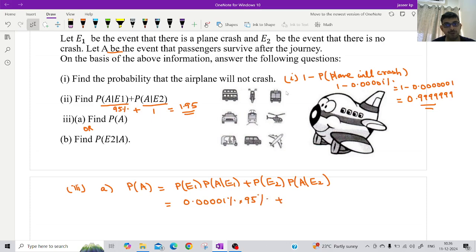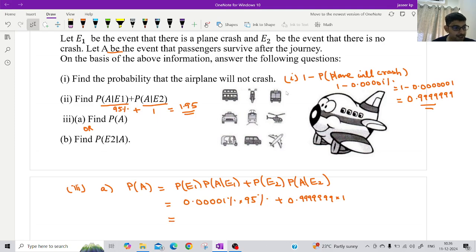P of E2, that is there is no plane crash, 0.99999, into P of A given E2, that is survivors after no crash, that's 1.